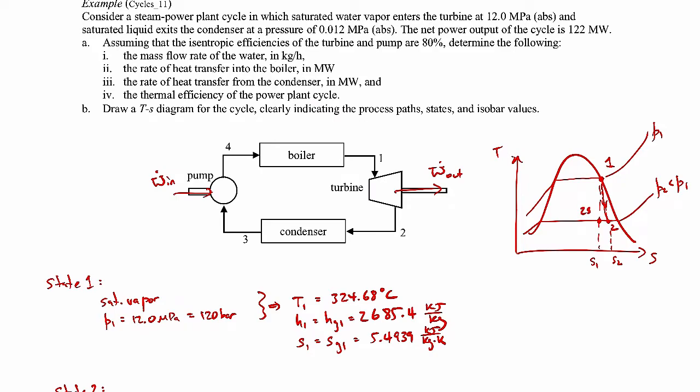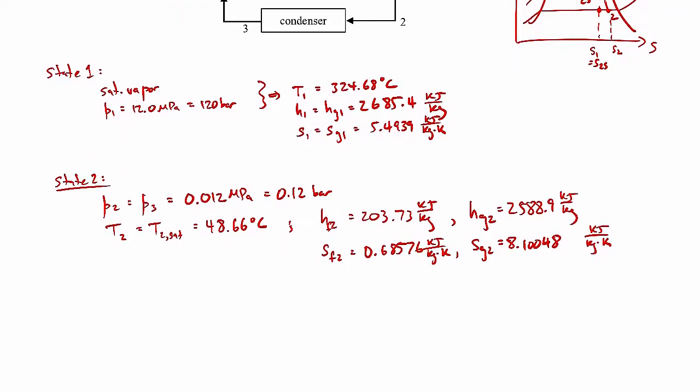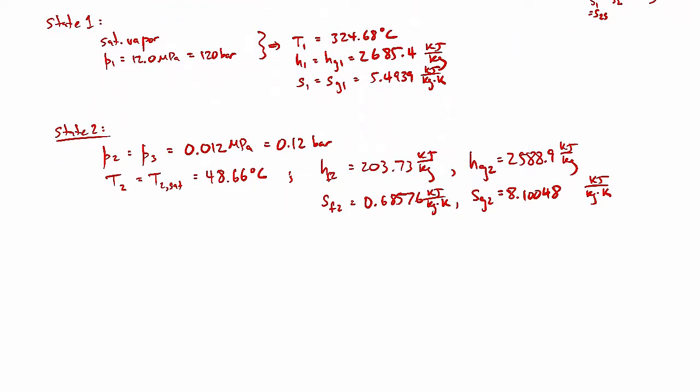There's state 2s. That has the same specific entropy as state 1, right? Because for an isentropic process, the specific entropy remains constant. And if I can find the conditions for the isentropic case, then I can use the isentropic efficiency to find the actual case. Okay, so that's where I'm headed.